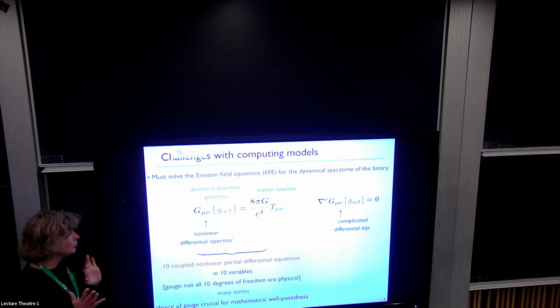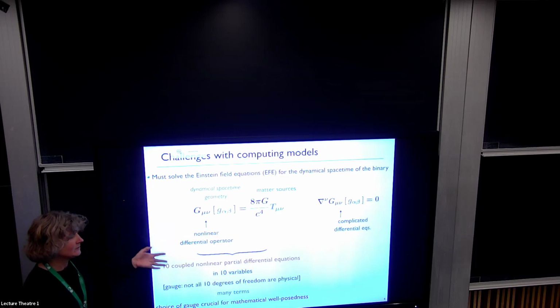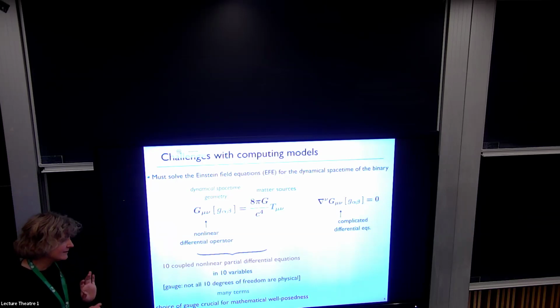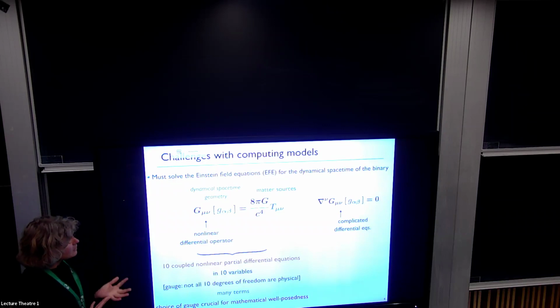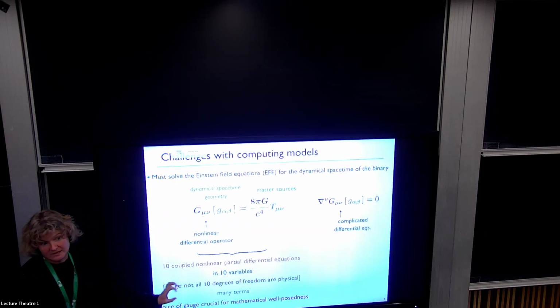So one cannot assume these kinds of simplifying symmetries, and one has to deal with the full coupled differential equations in 10 variables that are just a big mess. It's very intransparent to understand mathematical properties, because some of the degrees of freedom of these 10 variables are not physical, they're just gauge.